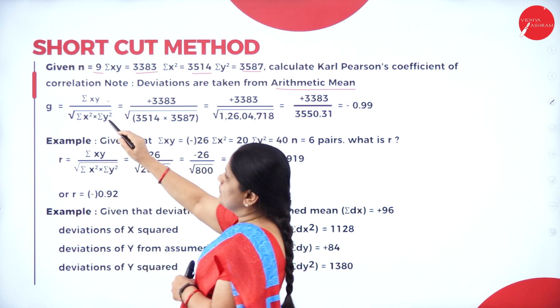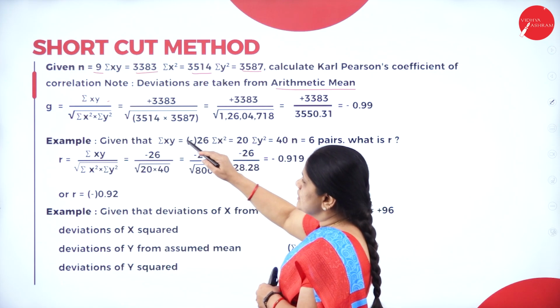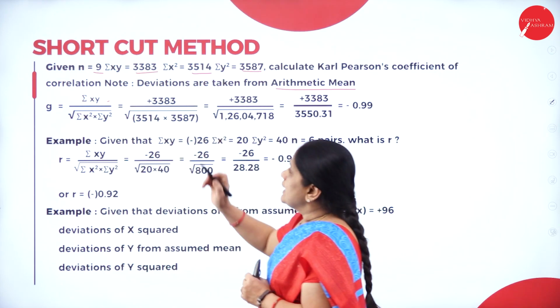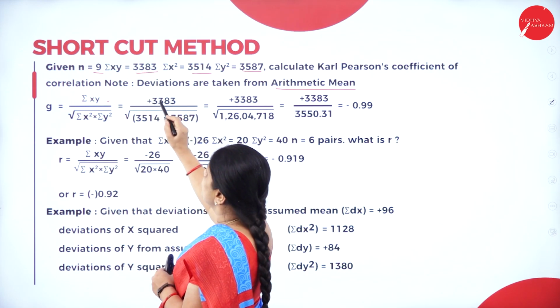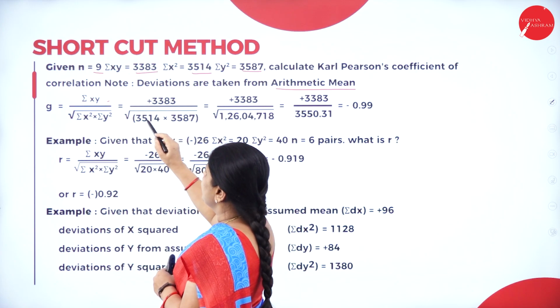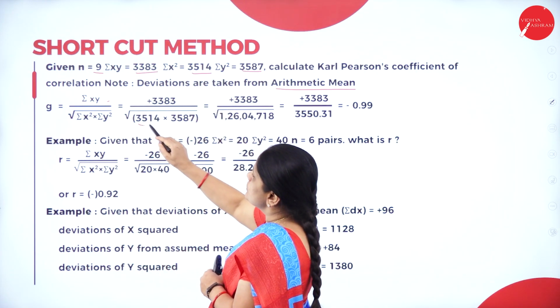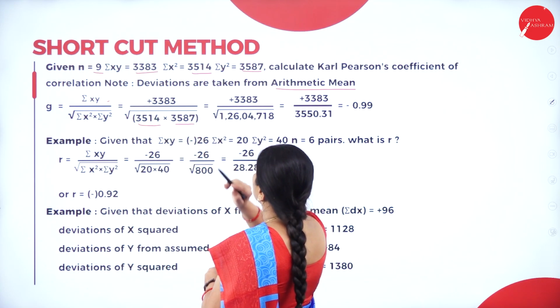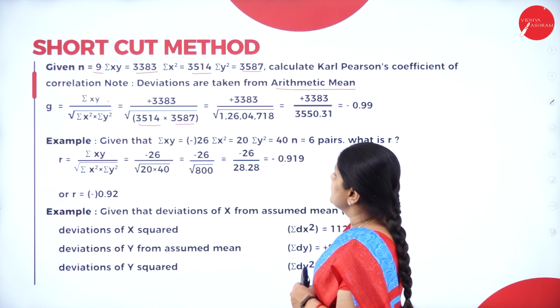R equals sigma xy divided by root of sigma x square into sigma y square. I just substitute the values. Instead of sigma xy, I write the value, 3383, divided by root of sigma x square, 3512, into sigma y square, 3587.